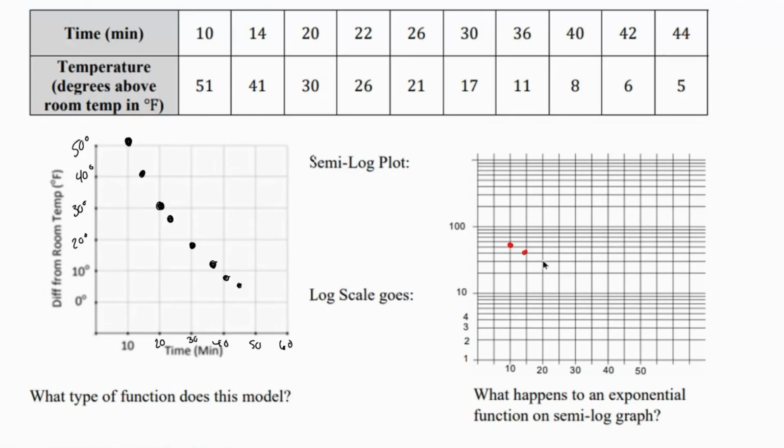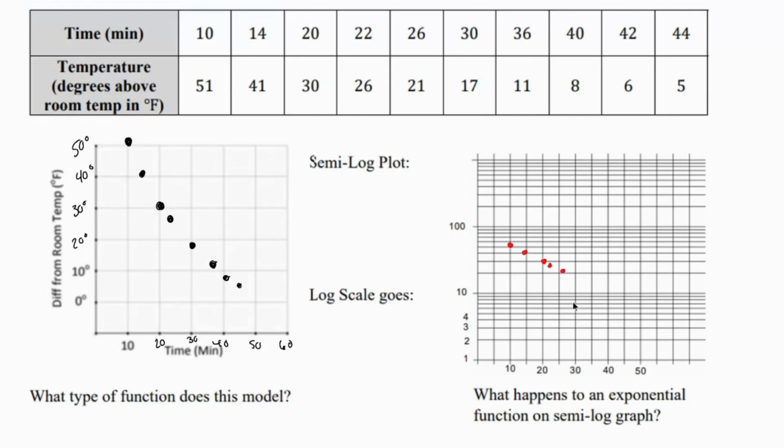Wait, no, 20, 30. I'm good. 22, 26, maybe right around there-ish. 26, 21, right around there-ish.